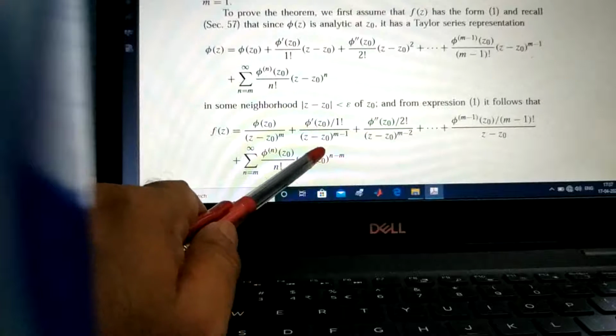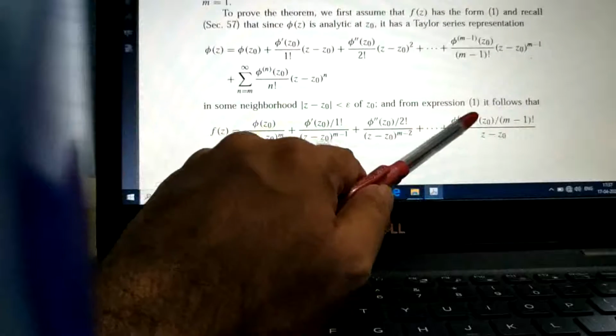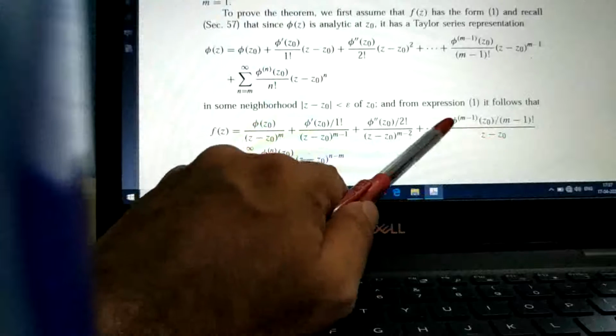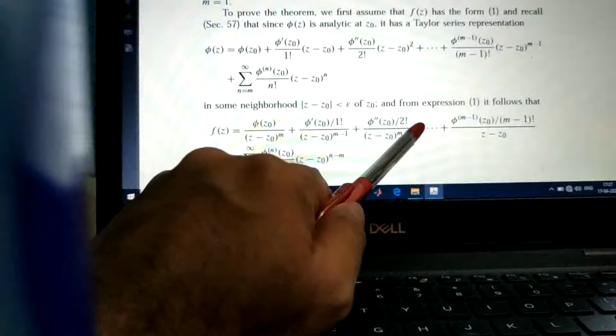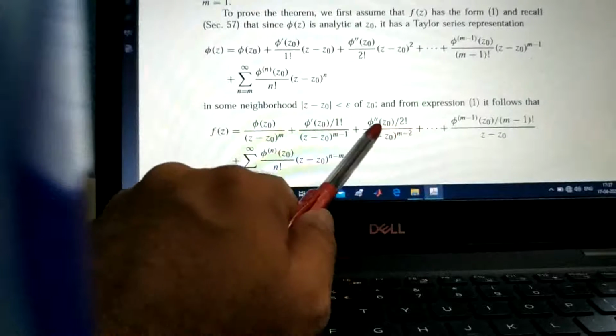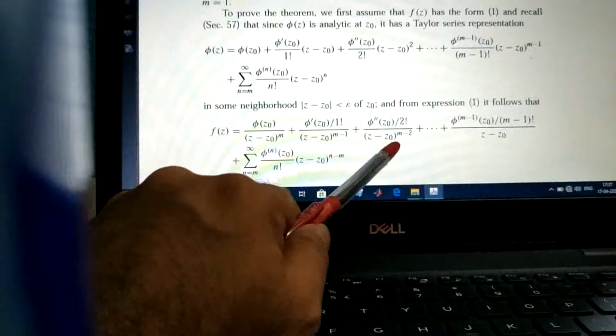and plus this coefficient is b1 by (z minus z naught), plus the next term will be b2 divided by (z minus z naught) to the power 2, and this is possibly b_(m minus 2) by (z minus z naught) to the power m minus 2.